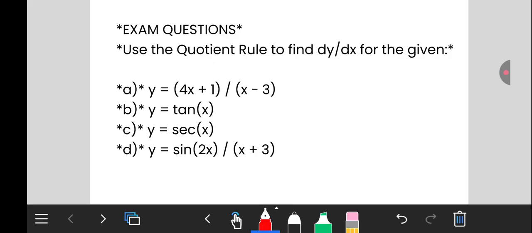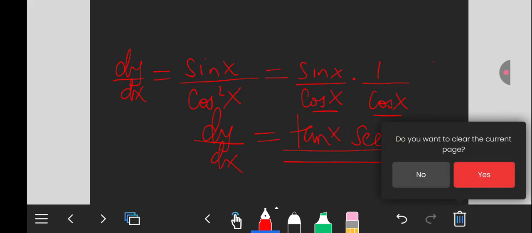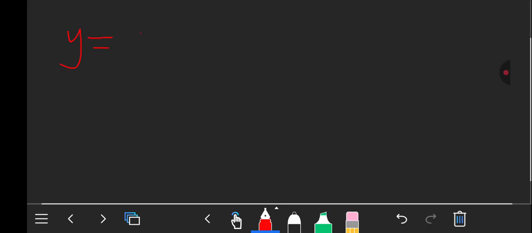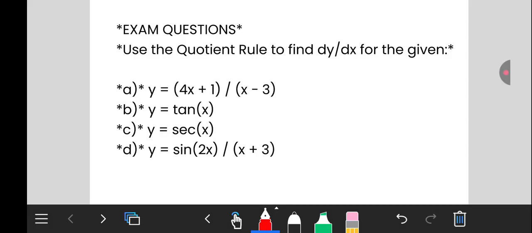Then what is the derivative, or dy over dx, of sine 2x over x plus 3? This is our last question. So we have y to be sine 2x over x plus 3.